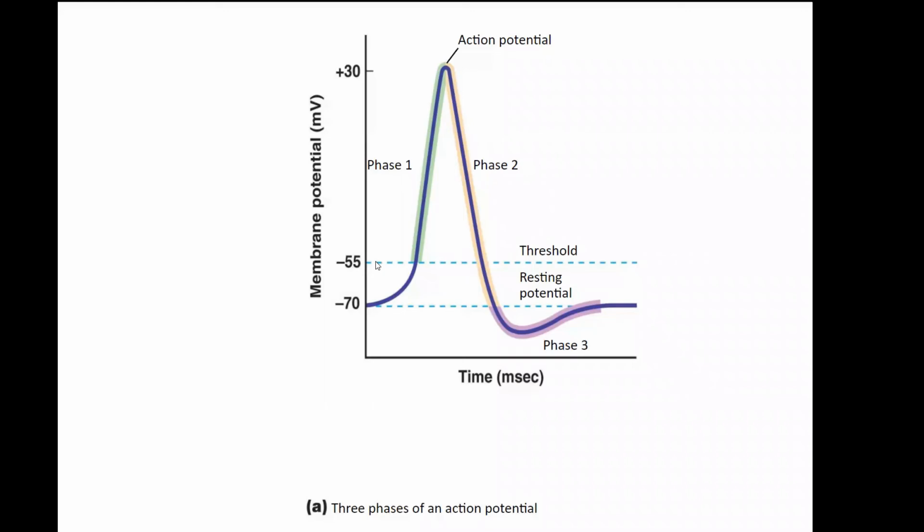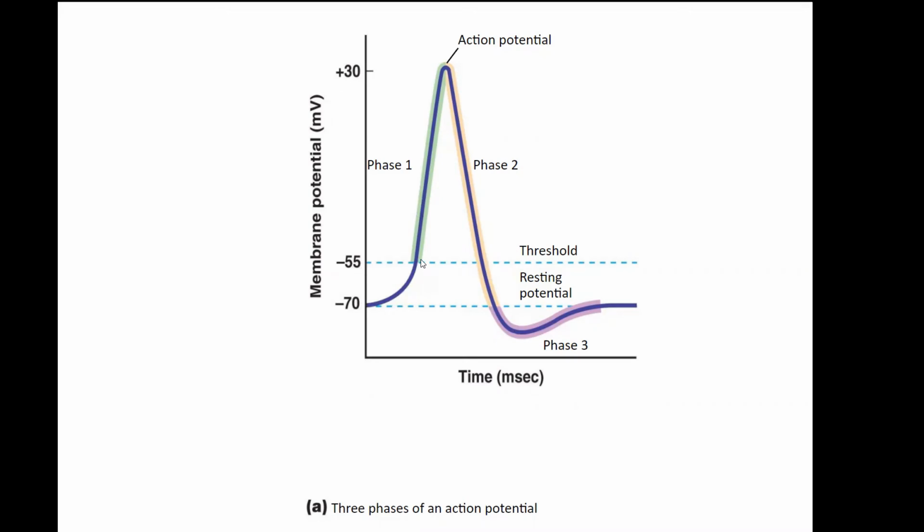Moving forward, we're going to talk about our action potential, and we're going to see this waveform developing. In the next couple of slides, we'll see how we get up to a threshold of -55 millivolts, and we'll talk about how that happens. Then we're going to have the action potential form.